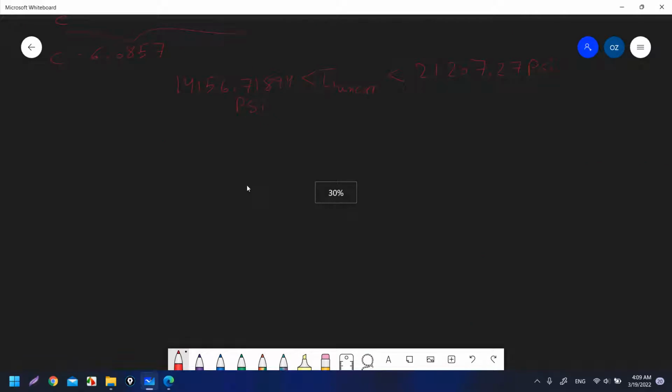So let's find the factor of safety. The overall system factor of safety is the minimum between NA and NB.